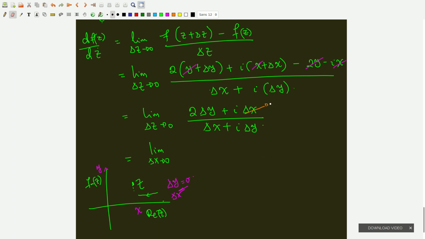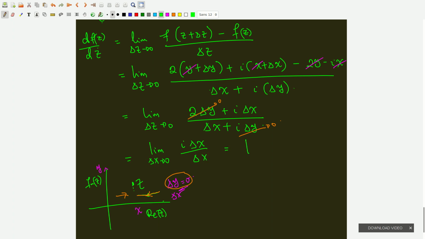There's no change in y since we are moving in a horizontal direction, so our change in y is 0, this term will go to 0, and we are left with i delta x, divided by delta x.